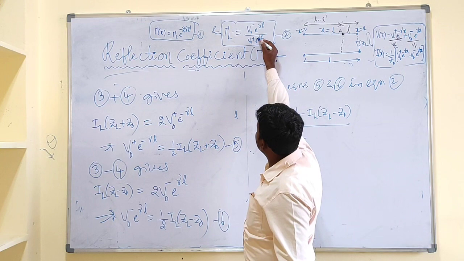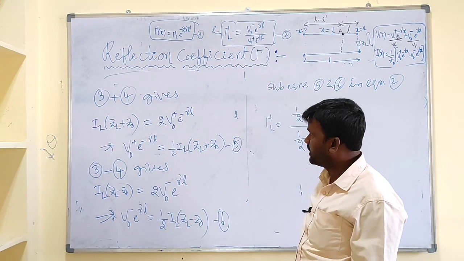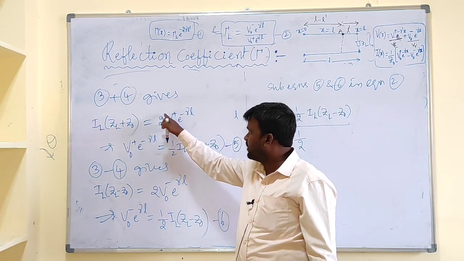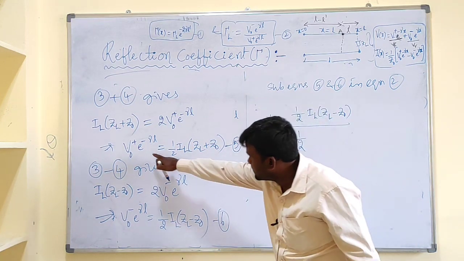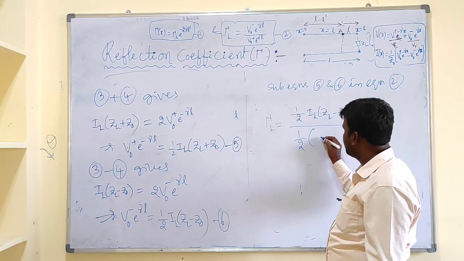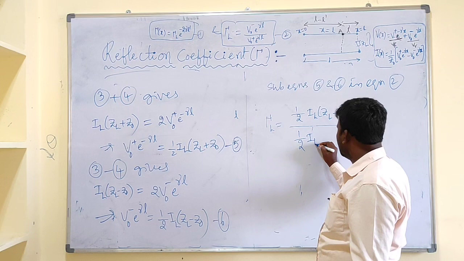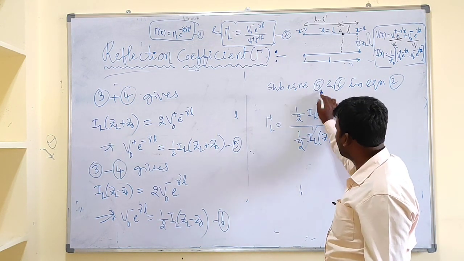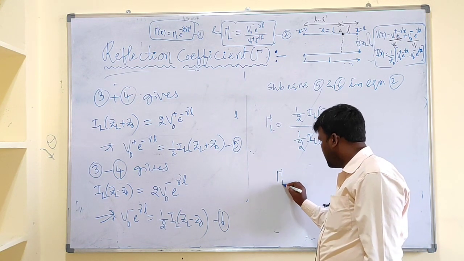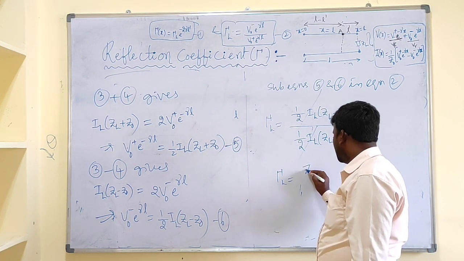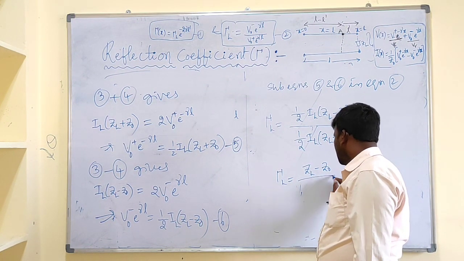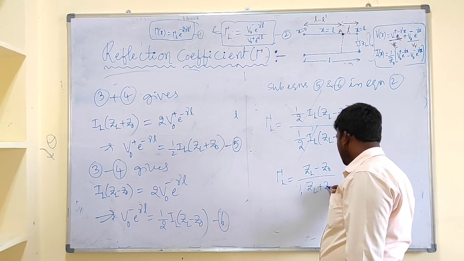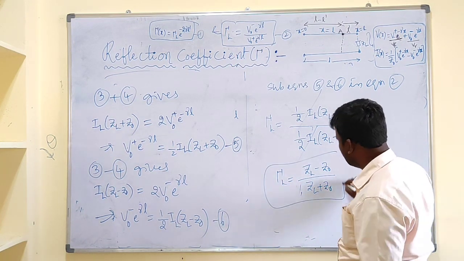I forgot to write minus here, that is V naught plus e to the power minus gamma L. So the 1 by 2 IL cancels out, and gamma L equals ZL minus Z naught by ZL plus Z naught.